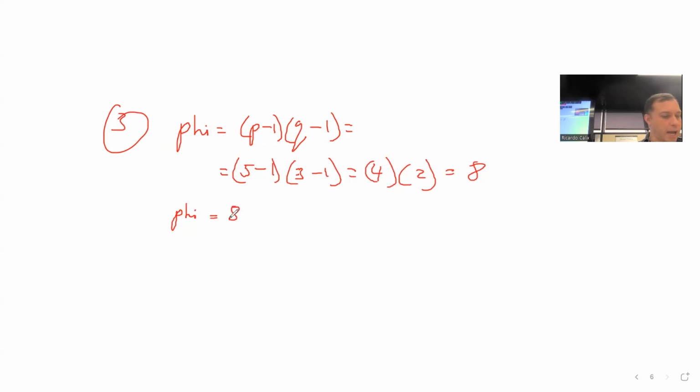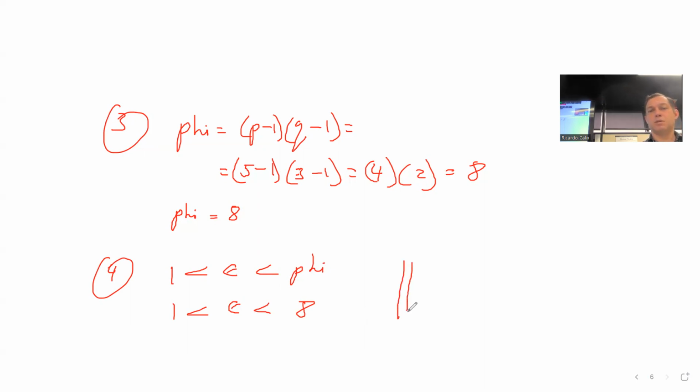Now the next step is that we need to pick a value for E. Phi is 8, and E needs to meet other conditions, something called the GCD. We'll do an exercise a little later that's more in depth, but in this one, let's keep it simpler. In this case, E will be, let's say, 3.